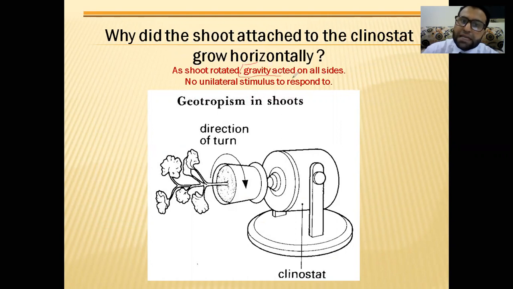So no unilateral stimulus. No unilateral stimulus means there is no gravity from only one direction, but it is rotating, so on all the sides of the shoot, gravity is acting. So for that reason, that shoot is growing straight, horizontally, right?